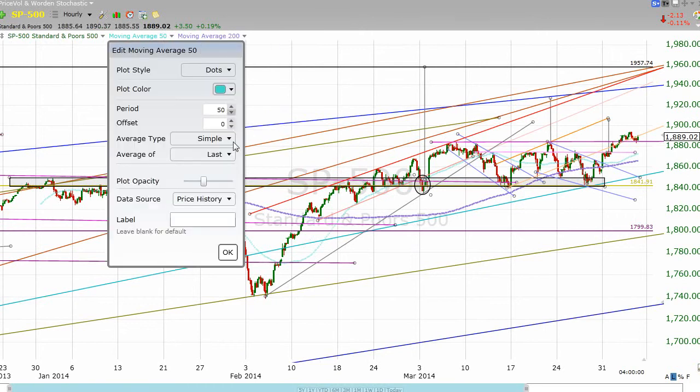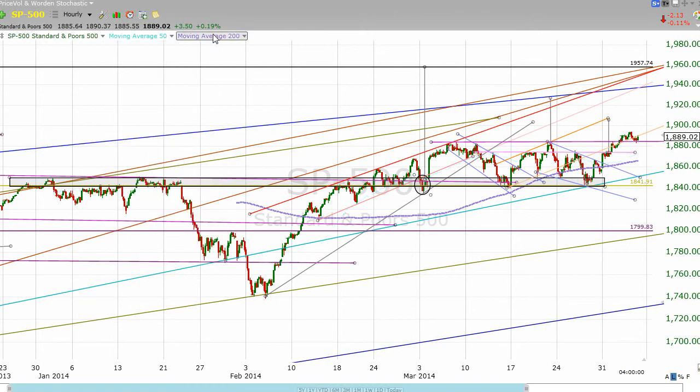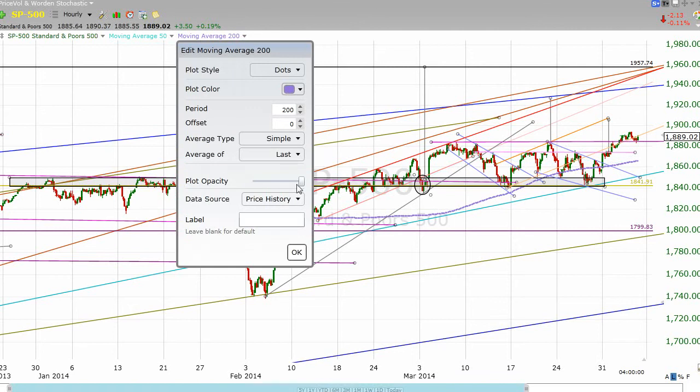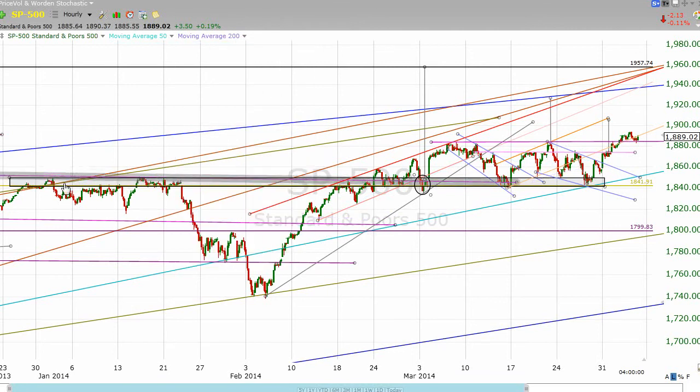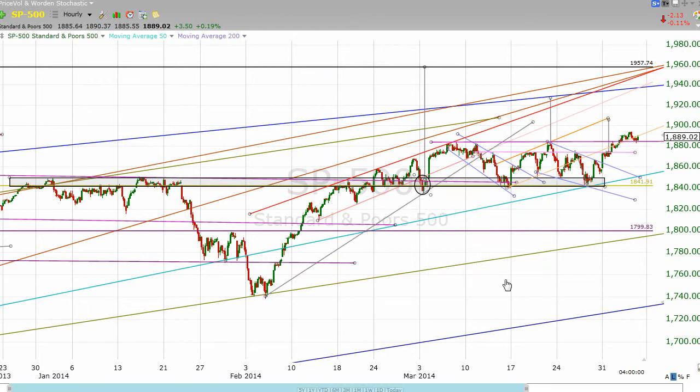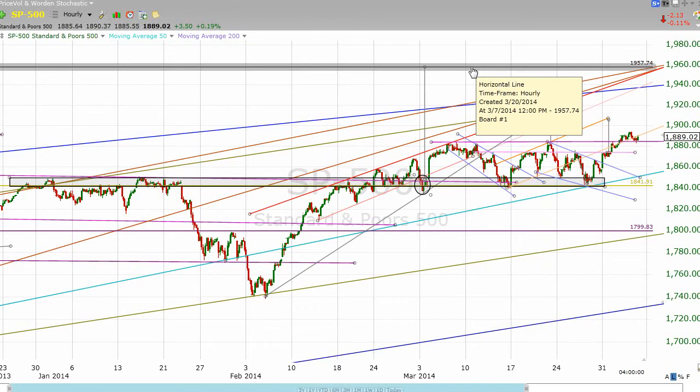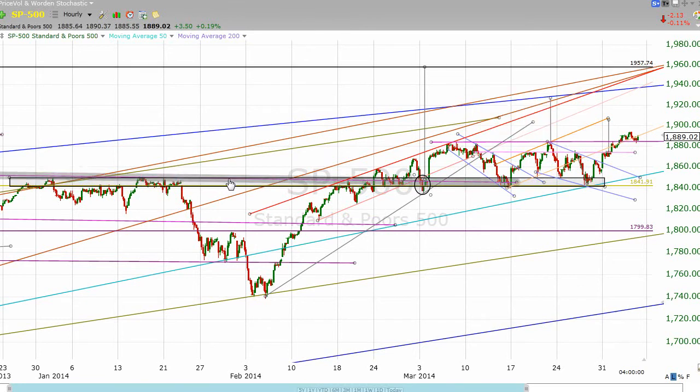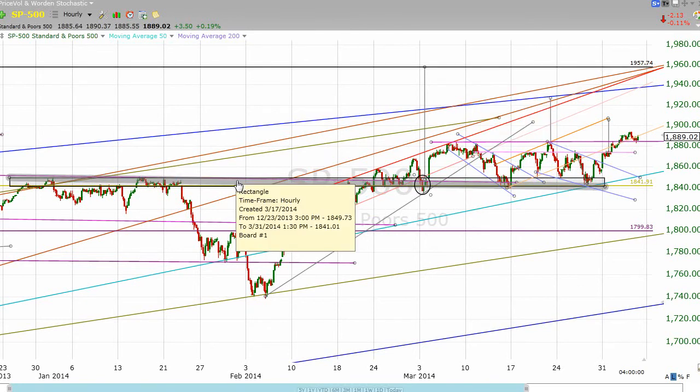I'm going to get rid of my moving average information here real quick. Just going to make that go transparent. So we were in this pattern really through January and through near to almost the very end of February. This pattern has a target now that we're above this resistance level right here that was our neckline.